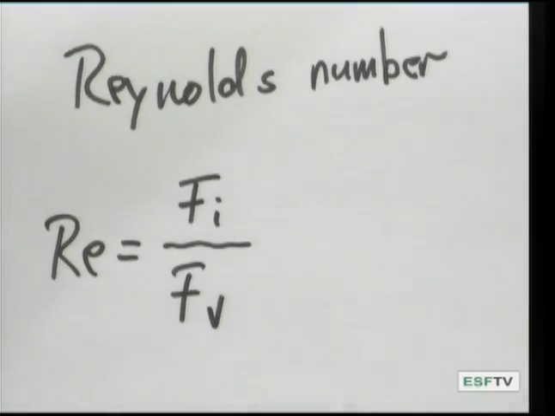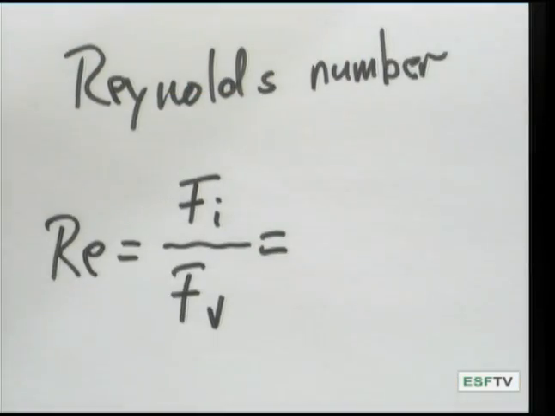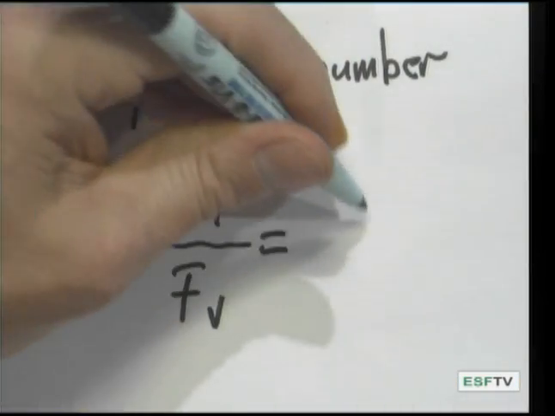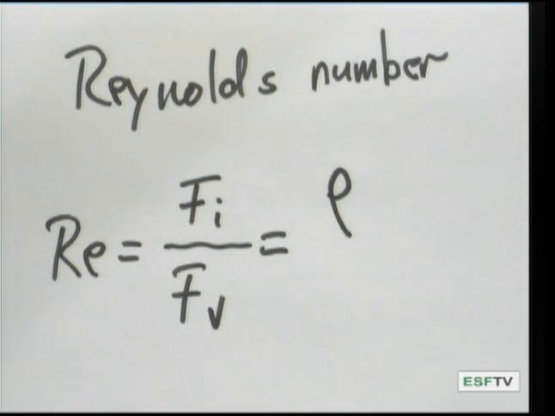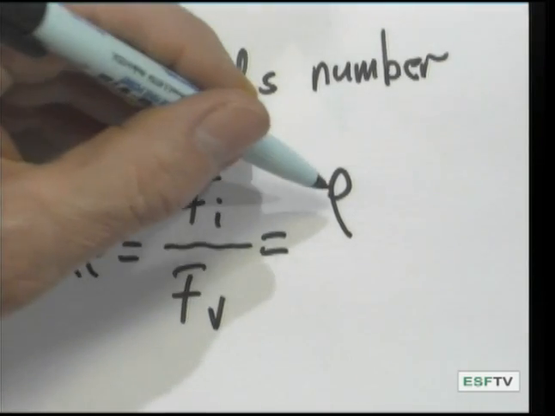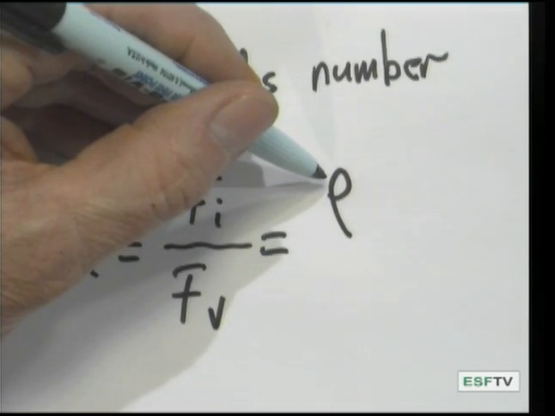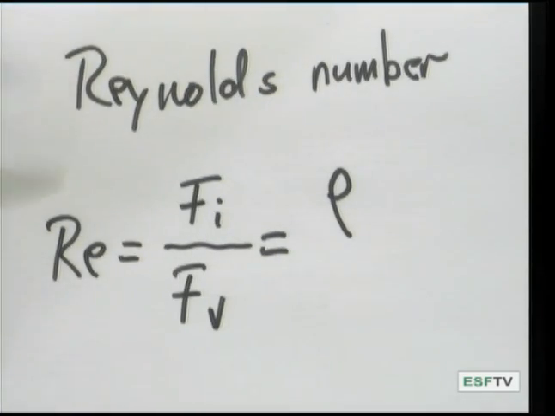Okay? Now, we can actually expand this a little bit because it's useful to see what goes into these different kinds of forces. And the Reynolds number can be described by a somewhat more complicated equation, but still quite easy in principle to understand. In the numerator, you have a term for the density of the fluid. This is kilograms per meter cubed.